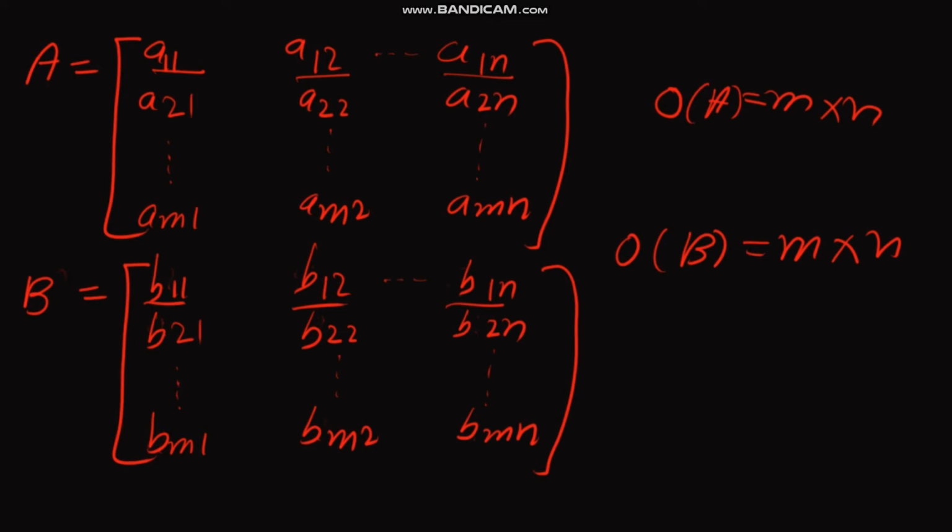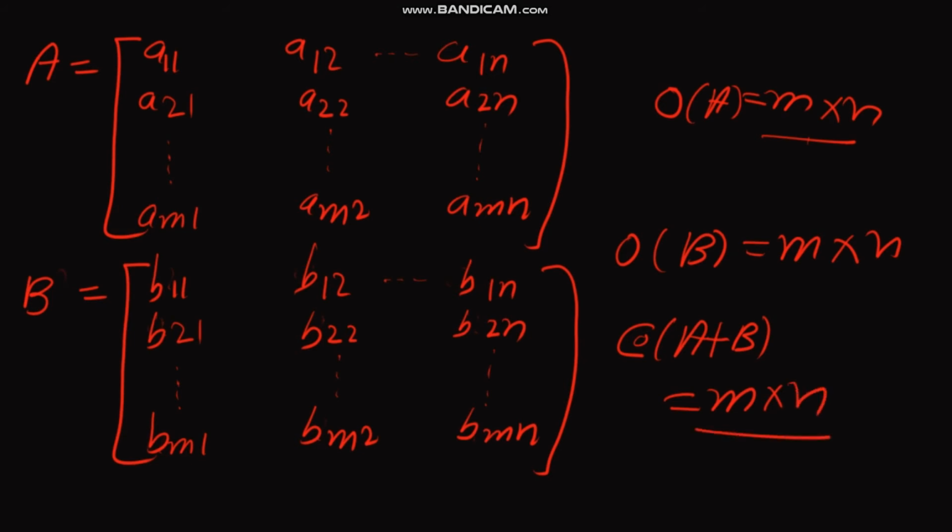So I have to add every corresponding element, because a has m by n elements and b also has m by n elements. So the cost of a plus b would be m by n, right? Because I have to use m by n additions between the corresponding elements.